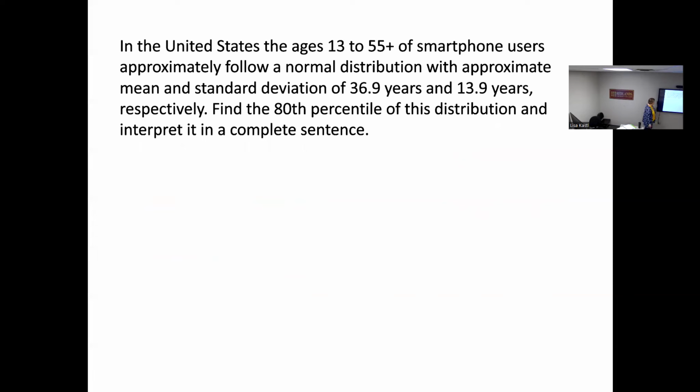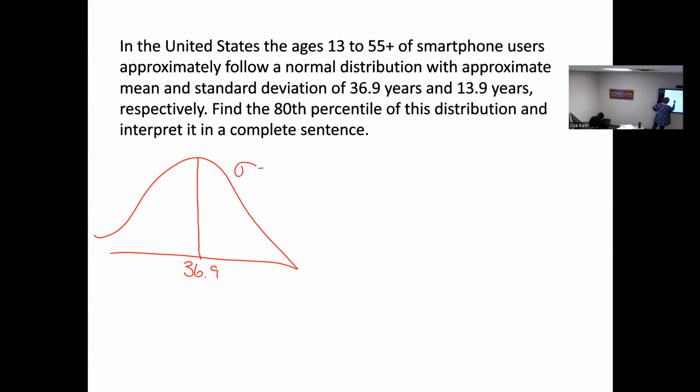Find the 80th percentile of this distribution and interpret it as a complete sentence. So I have to draw a picture. That's the way my brain works. Normal distribution with a mean of 36.9 and a standard deviation of 13.9. And we're looking for the 80th percentile.